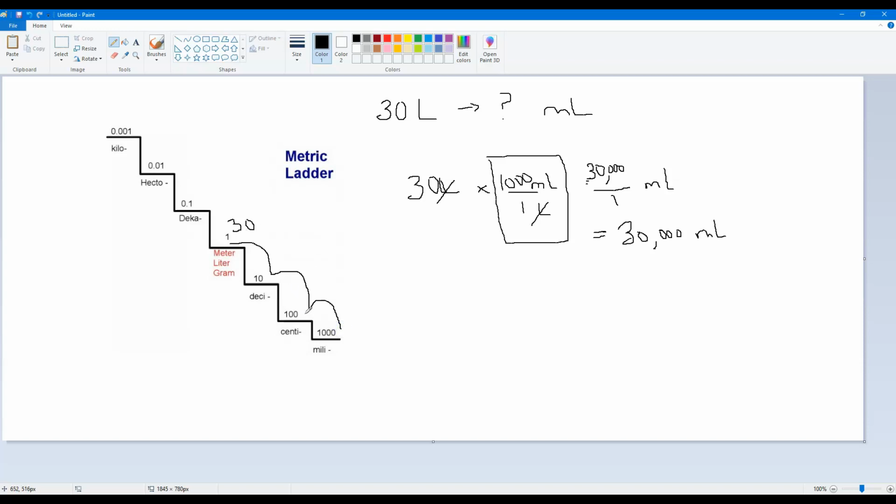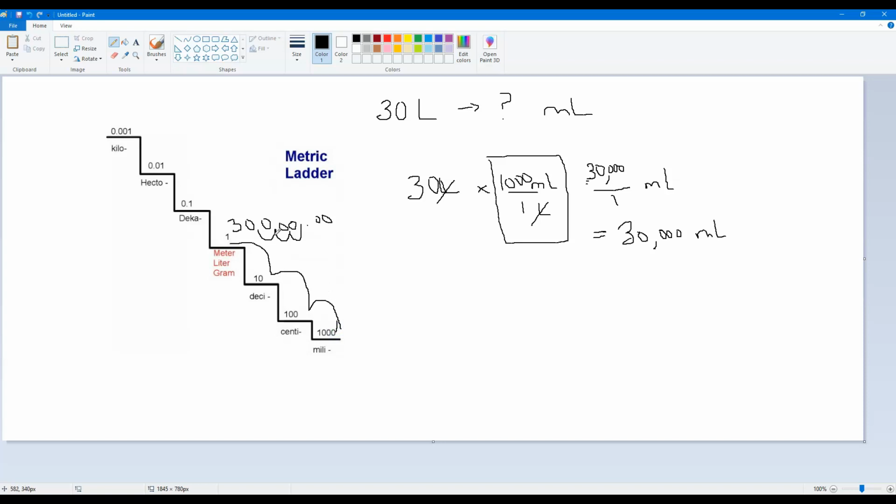When I'm going down the ladder, I'm going to add decimal places. So I'm going to add 1, 2, 3. That's adding 1,000 to my 30, giving 30,000, or multiplying by 1,000. So that's another way that you can use the ladder, just by moving your decimal place down.